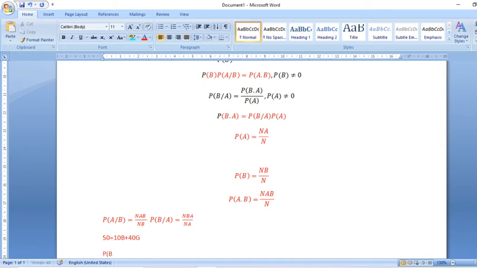Probability of boy, usually, it will be 10 by 50. And what will be the probability of girl? That will be equal to 40 by 50.